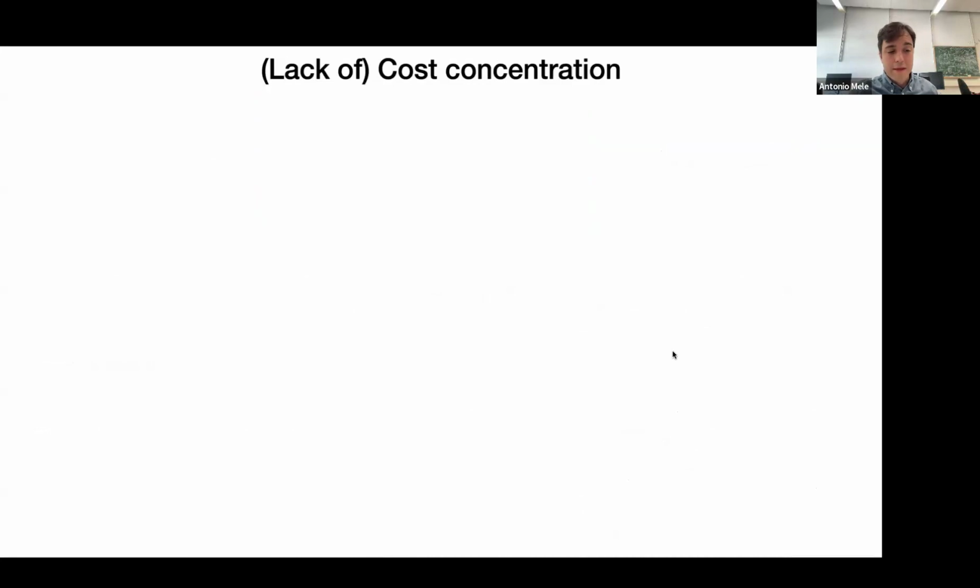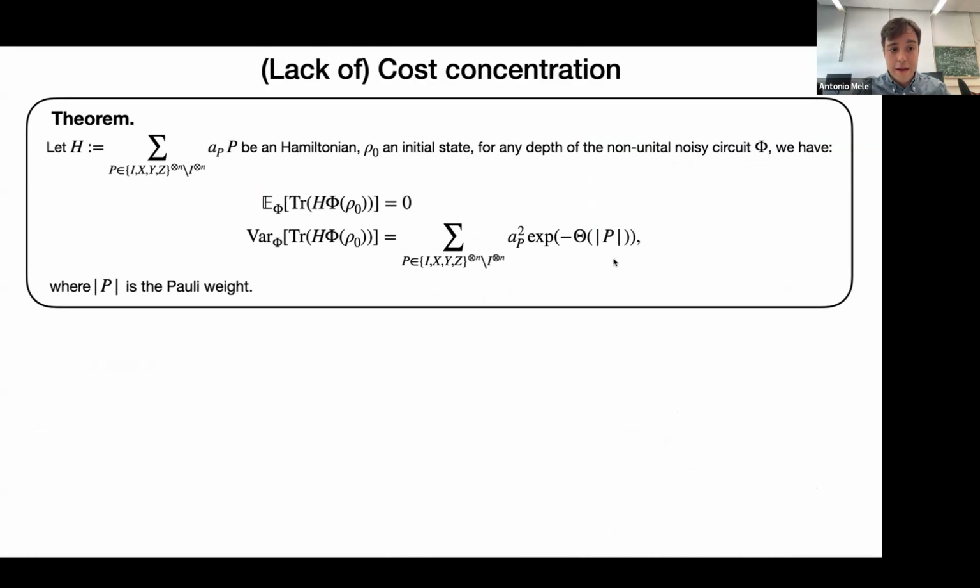Let's go a bit deeper into these results about the barren plateau. Our first result is that for any Hermitian operator, any depth and any initial state rho_0, the variance over our circuit of this expectation value is this, and the crucial thing here is that each Pauli component is exponentially suppressed with the Pauli weight, where the Pauli weight is the number of non-identity terms in your Pauli string.